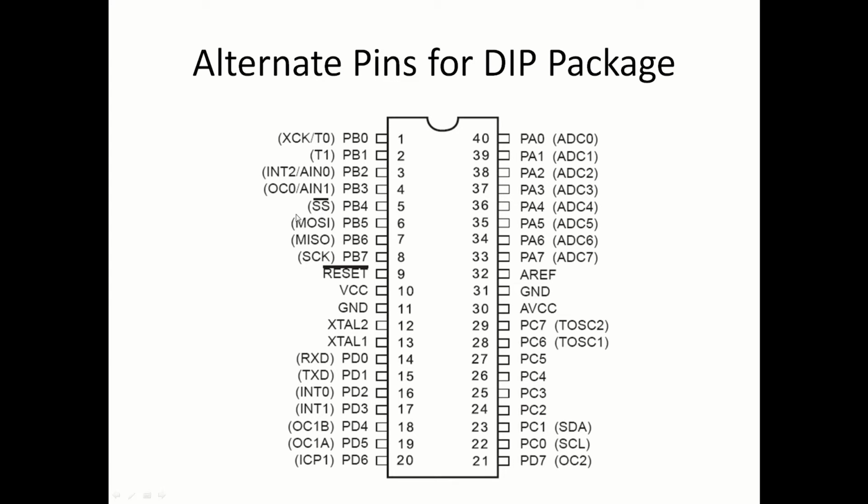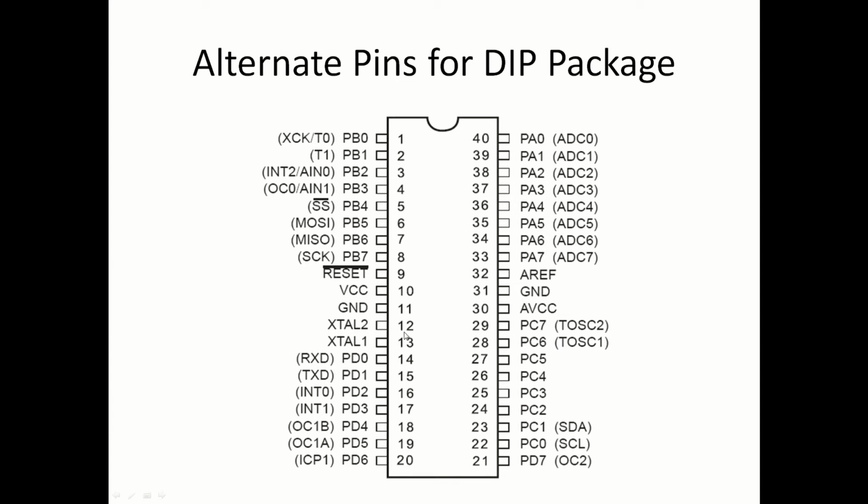Then the serial peripheral interface, that is slave select, MOSI, MISO, SCK. Then port D has the UART function, that is TXD, RXD. Interrupts are there on PD2 and PD3. And PD4, PD5, PD6 are output compare and input capture. Port C has the I2C bus, that is SDA and SCL. And timer clocks can be applied on PC6 and PC7.